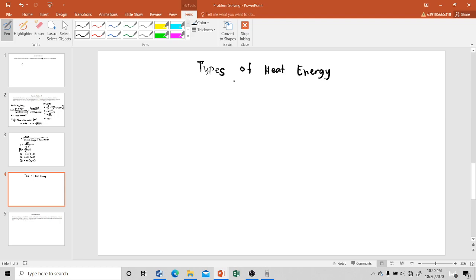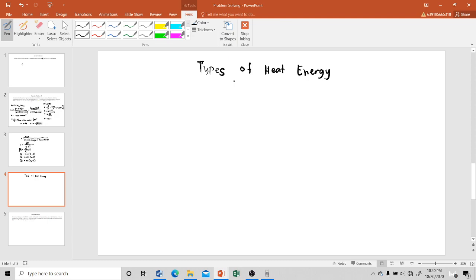Or another example, the heat energy released by the sun, right? So when we are heated, our temperature changes without changes in our phase.